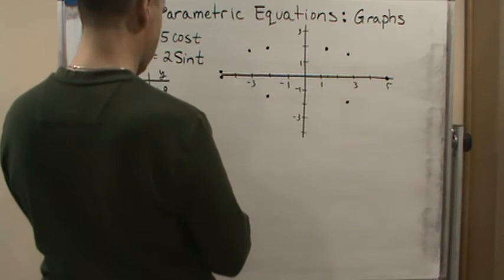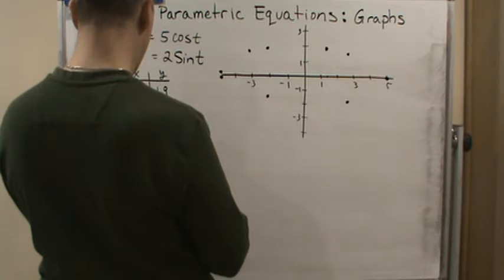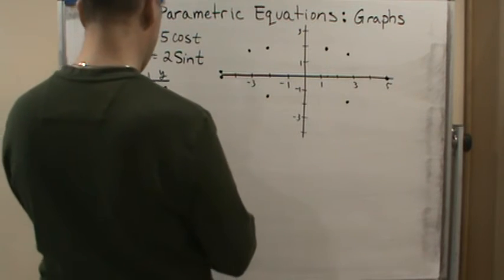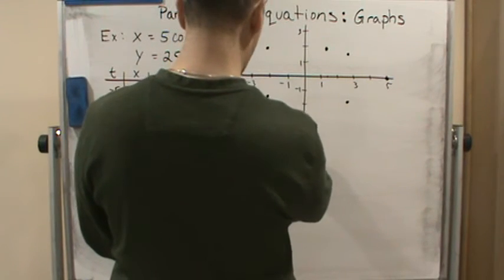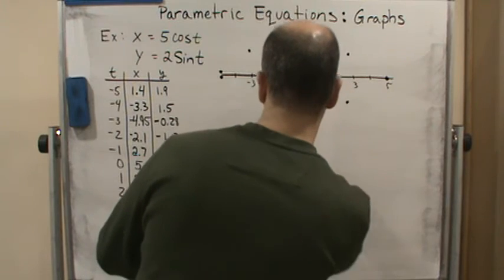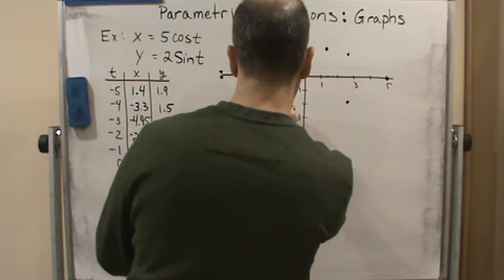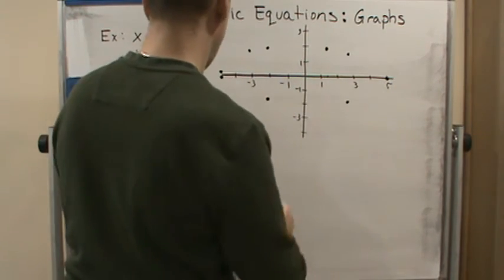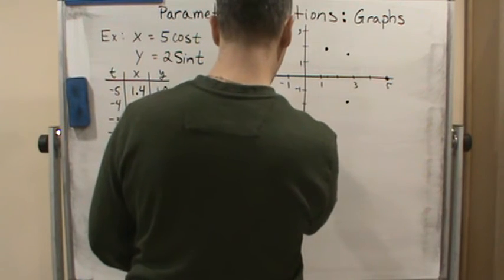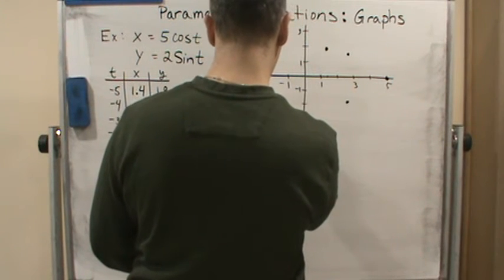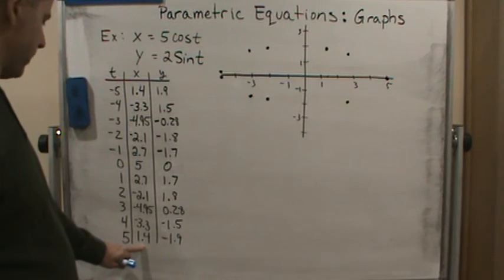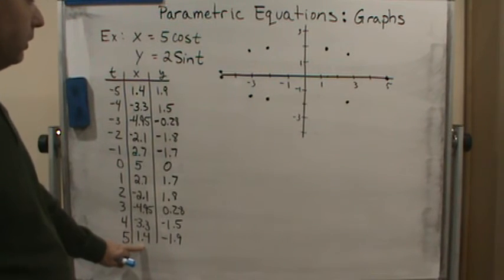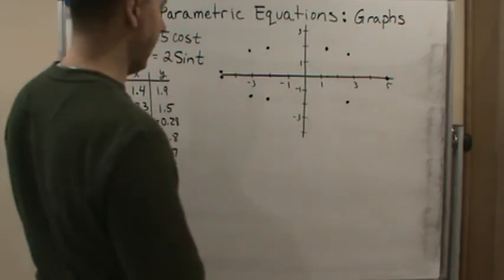Hold on. Yeah, maybe this should be down a little bit more. And so this one's going to be like so. And then the last point, 1.4 and -1.9, is like that.